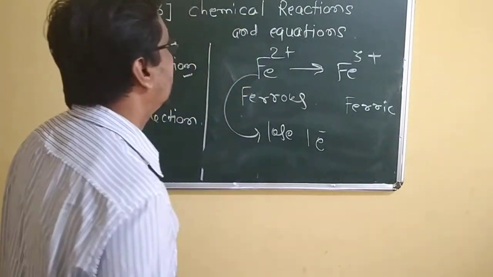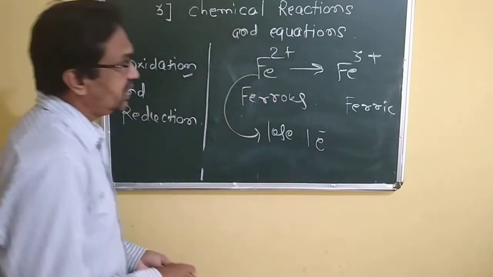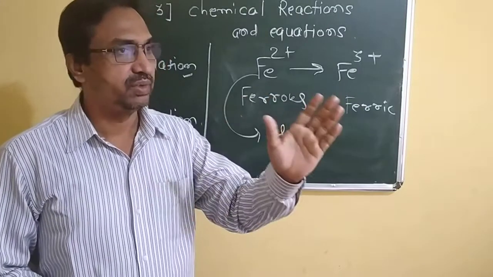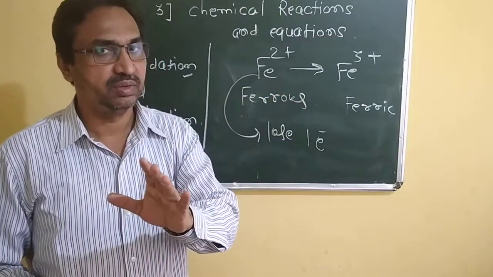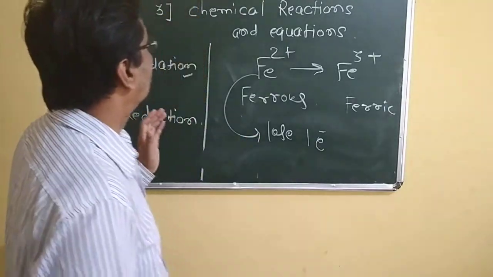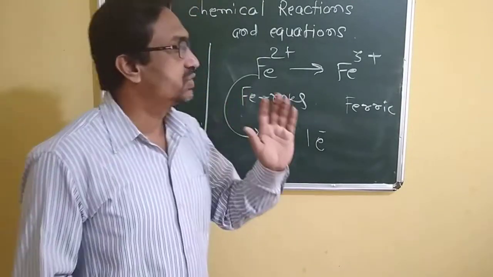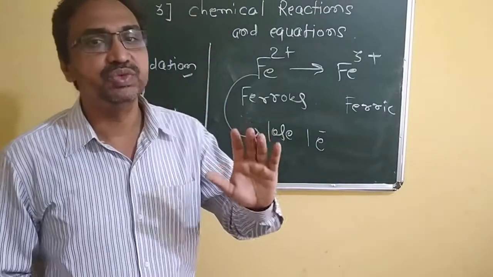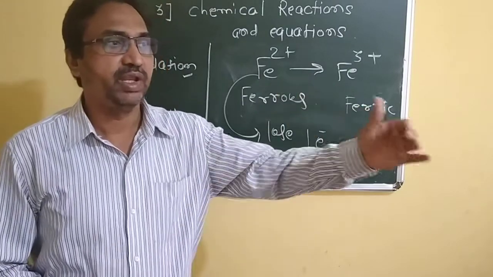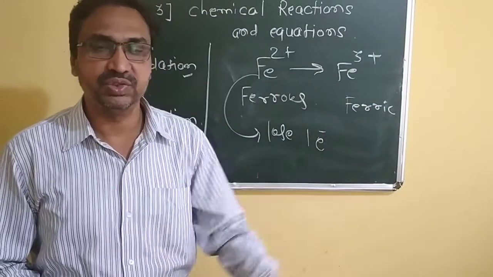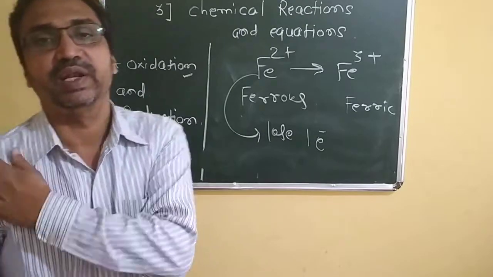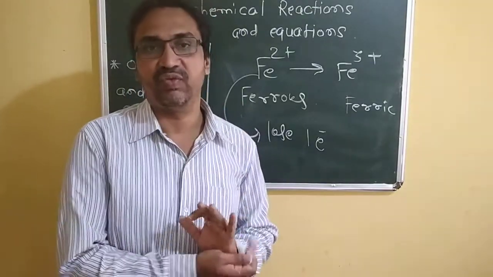So in this way, oxidation is the process when reactants combine with oxygen to form a product, the corresponding oxide. Oxidation also means losing of hydrogen, and also losing of electrons.